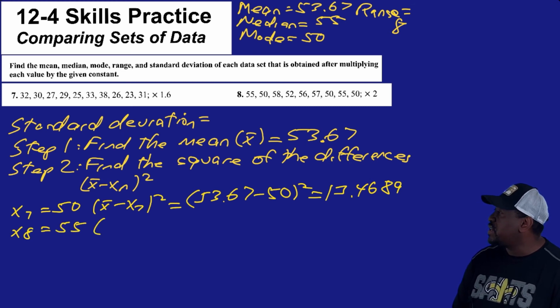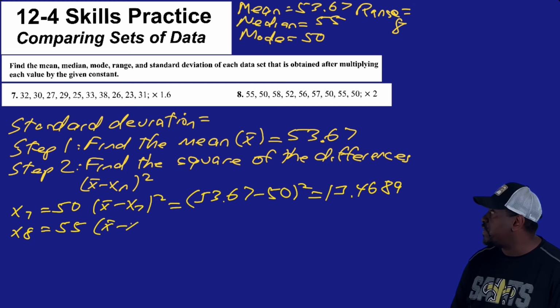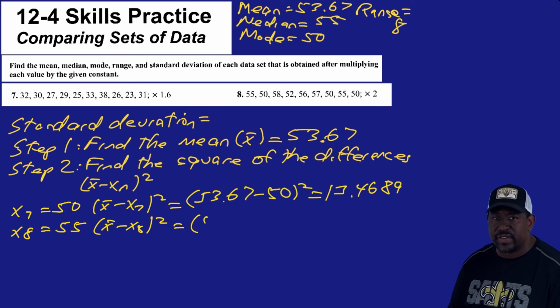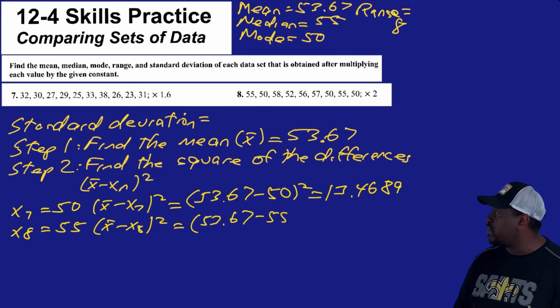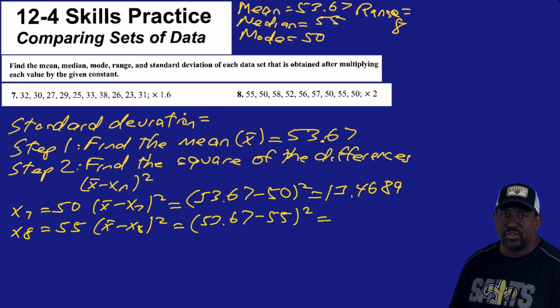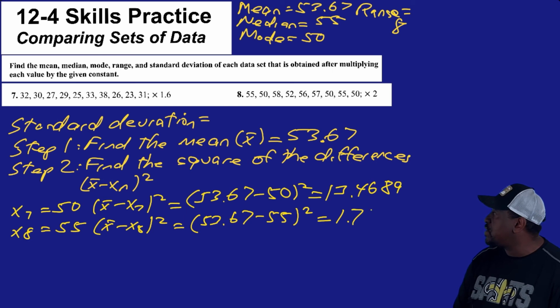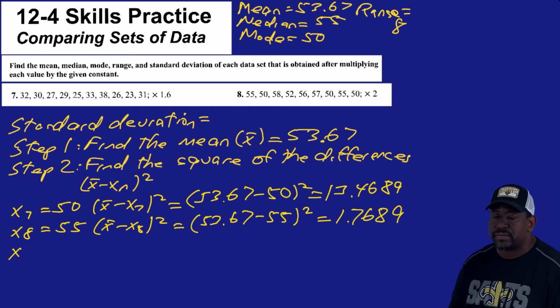And so for the 8th data point, which is 55, we just did that also when we did our first data point of 55. So we can use that same value of just plugging in the formula, but we don't have to calculate it. We already had that value. So we're going to write that down, which is 1.7689.